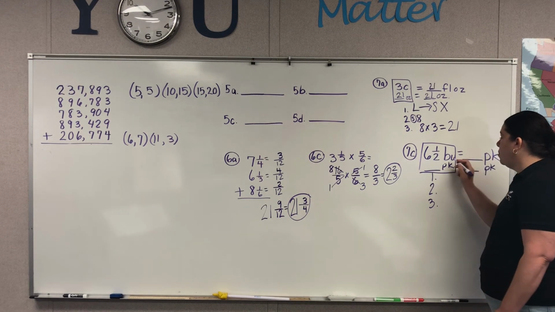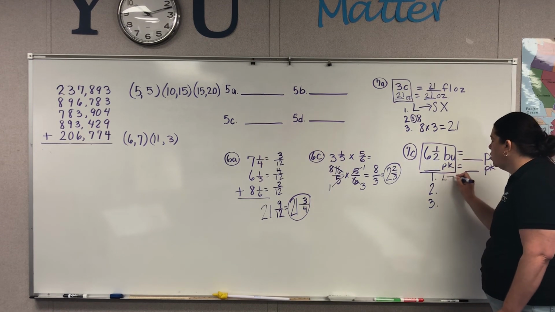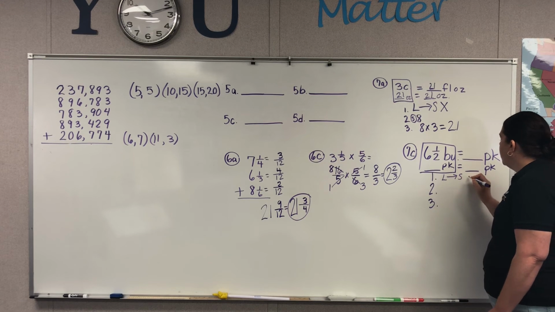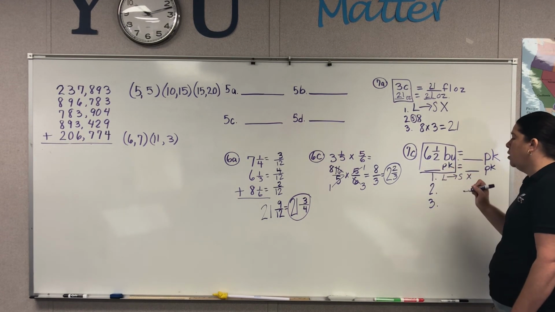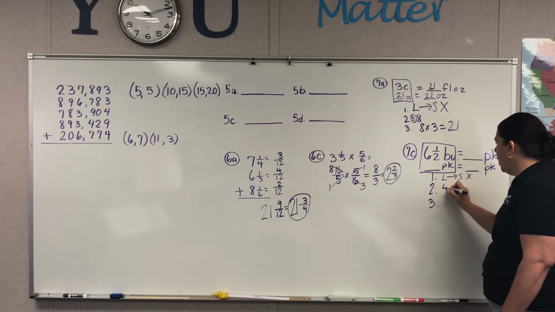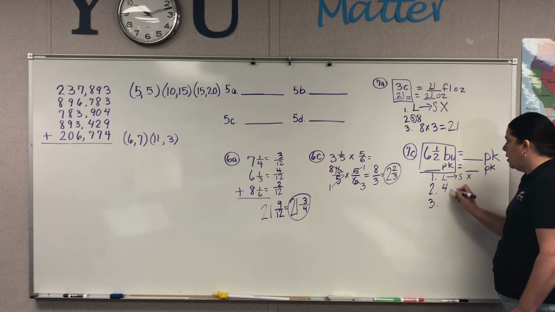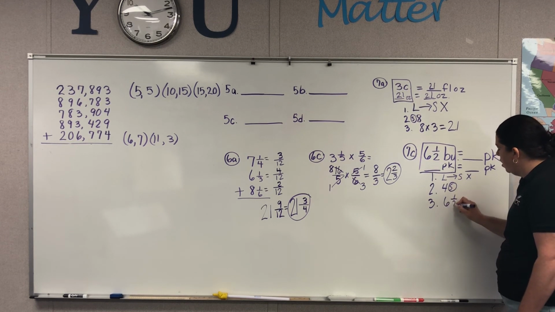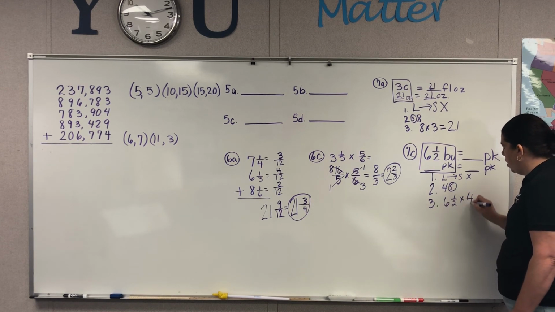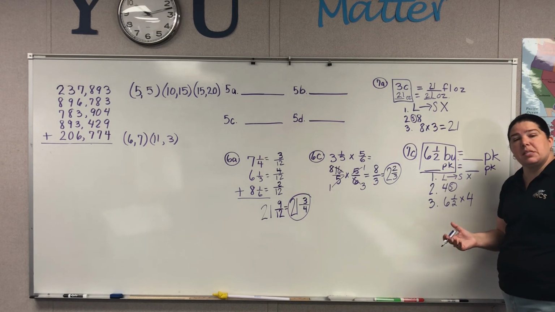We know that we're going from bushels to pecks, and that's larger to smaller. And we know that when we go from larger to smaller, we multiply. We also know that there are 4 pecks in a bushel. That's our special number. And we know that 6 1/2 times 4. Well, doesn't sound so complicated.